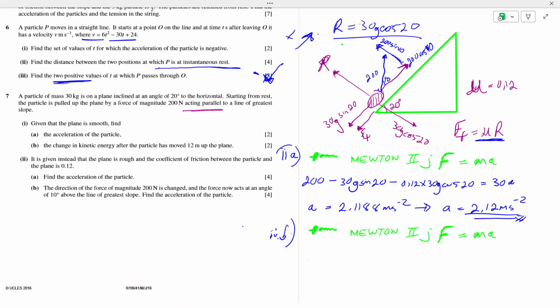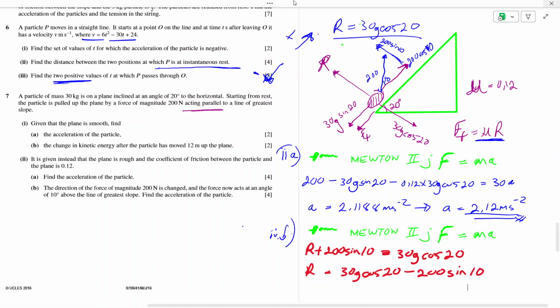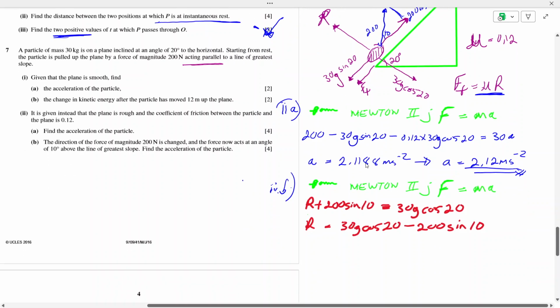So you say R plus the 200 sin 10, right, is equal to the 30g cos 20, and R is going to be equal to 30g cos 20 minus 200 sin 10. This pen is too thick, huh? All right, like that. That's going to be the R, right?